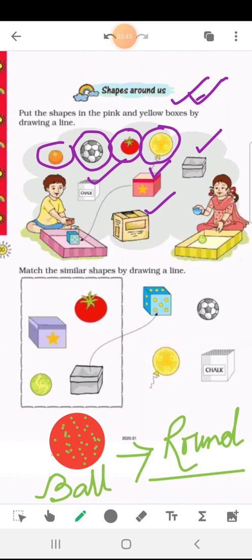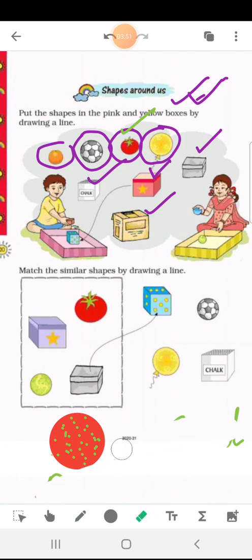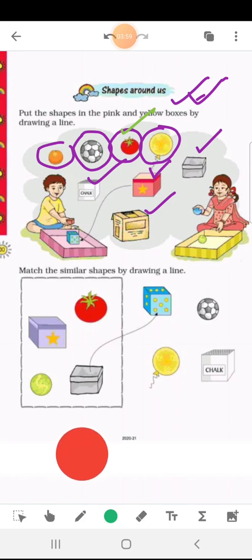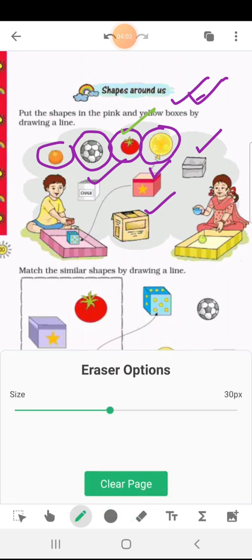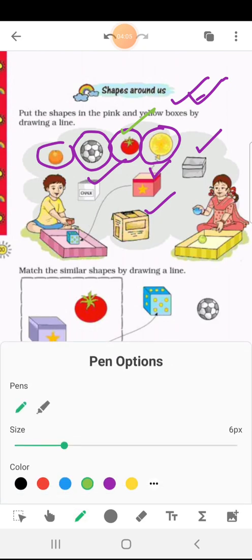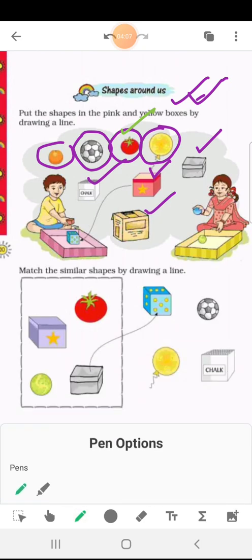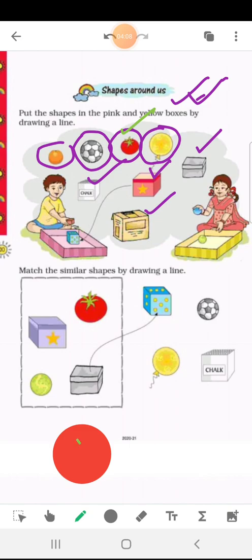Now you see students, next one is a tomato. So let me draw a tomato, though I am not a very good drawer like you. You can draw very well, I have seen. So let us see the shape of the tomato.